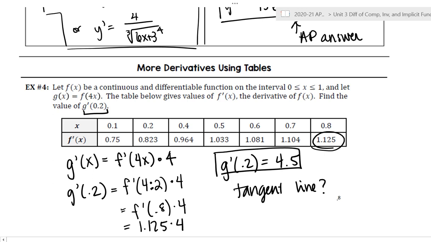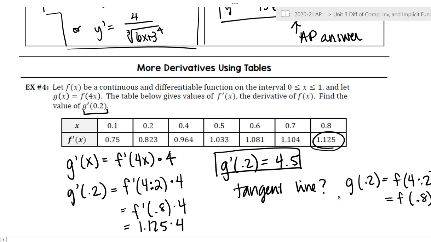Well, I know that g of x, or g of, we're evaluating at 0.2, would be f of 4 times 0.2. Oh, and we don't even have the table for that, do we? It's because that would just be f of 0.8.